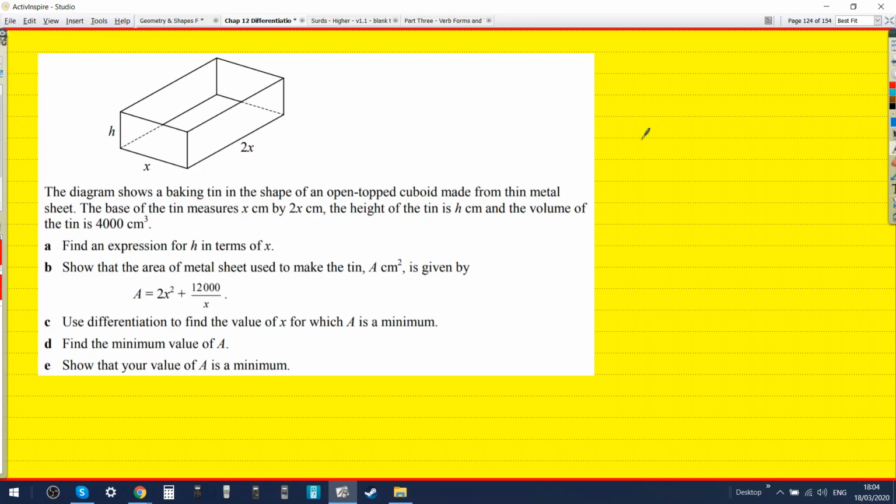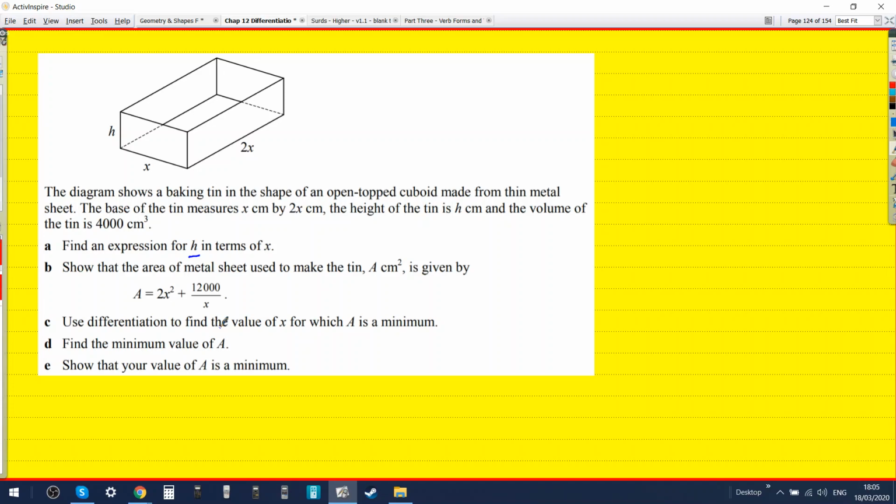So do we have to do dy/dx? Find an expression for h in terms of x for the height. So wait, do we need to differentiate anything or no?